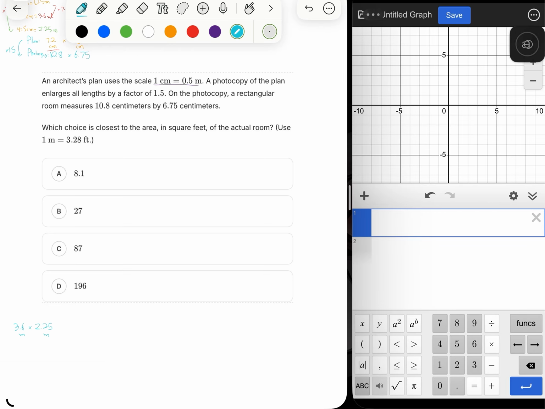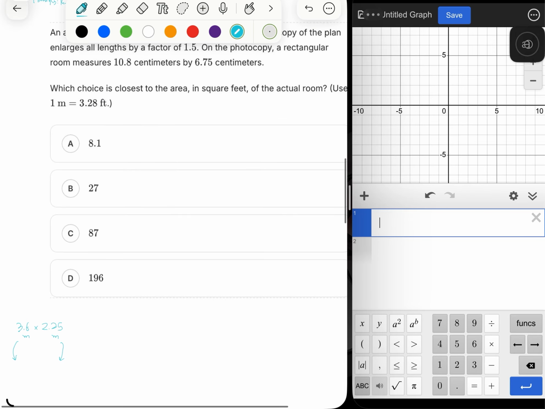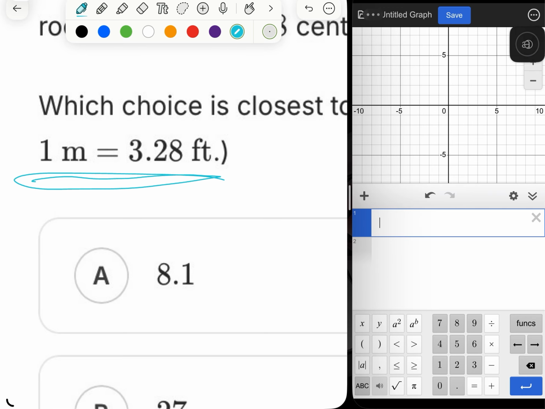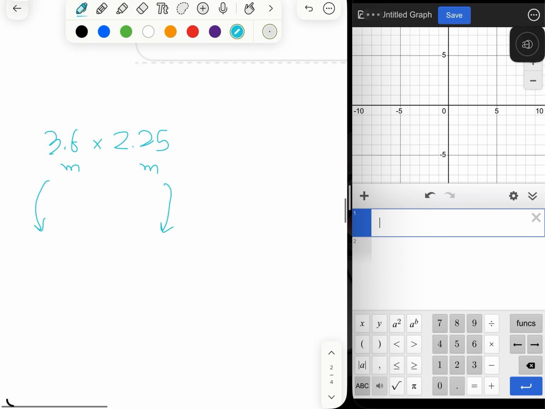Well, the first thing you can do is convert each of these to feet. So how would you do that? Well, we're given this unit conversion in the hint that 1 meter equals 3.28 feet. So that means 1 meter is equal to 3.28 feet. Then 3.6 meters, it's again similar logic.